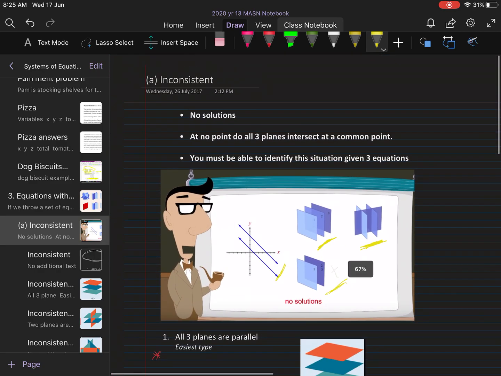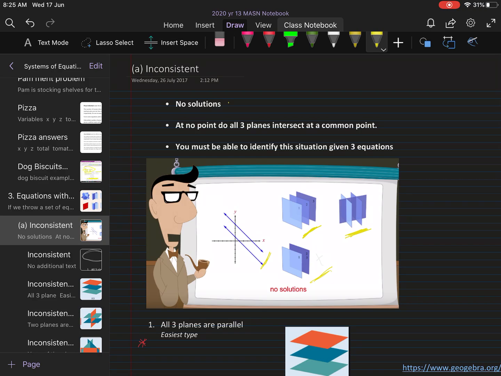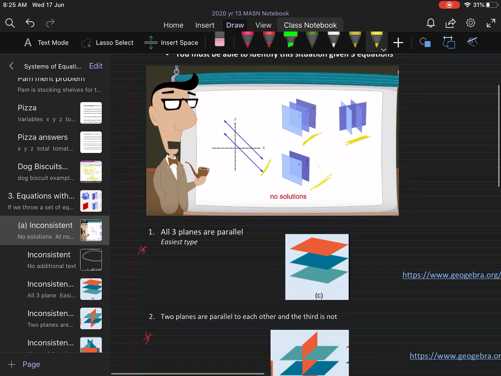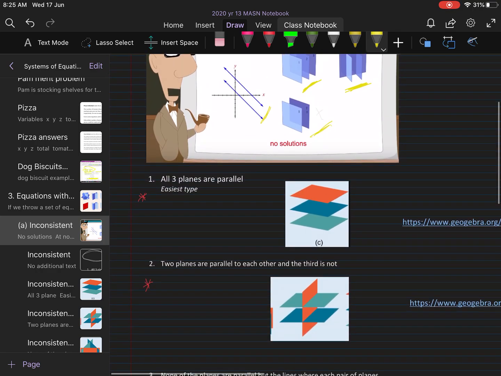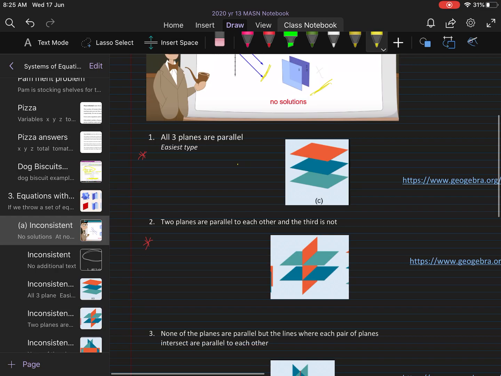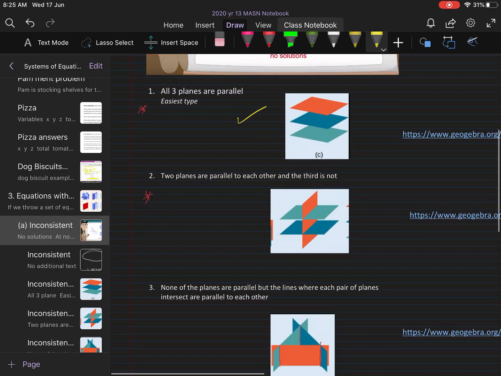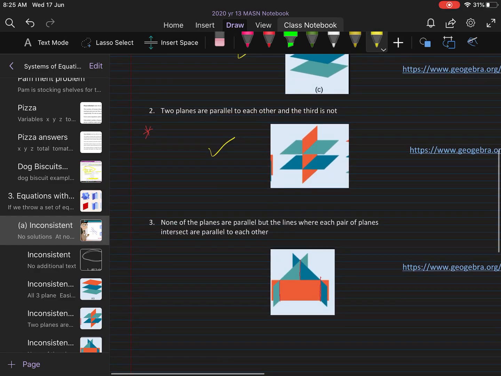So when we have an inconsistent system of equations, we get no solution because there's no point where all three planes intersect, because there's a parallel situation here. Then we must identify, if it's inconsistent, what situation we have. Is it all three planes parallel, which is the easiest one to identify? Is it two planes parallel and the third is not?